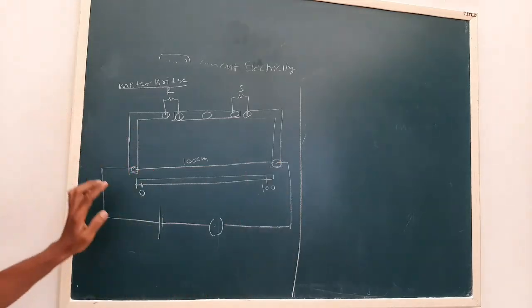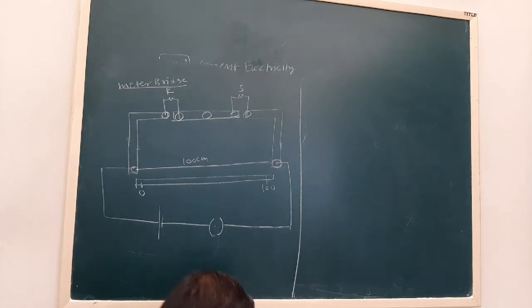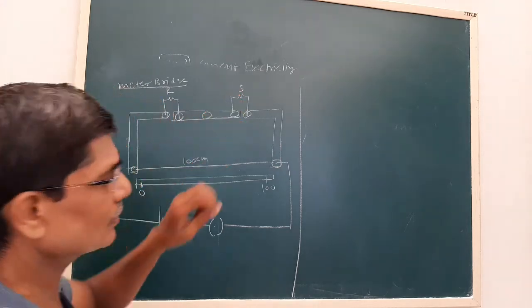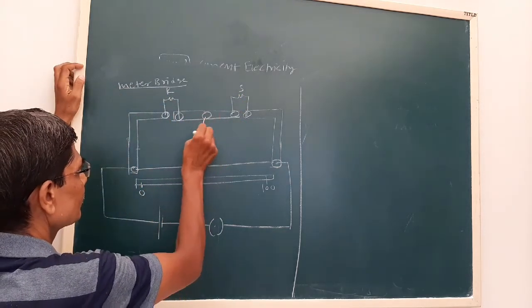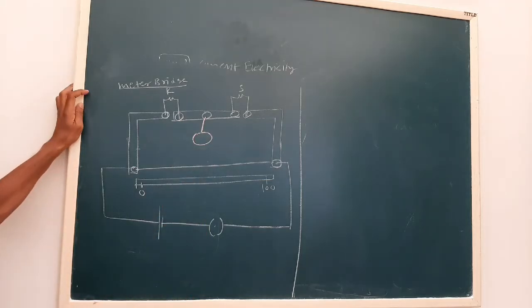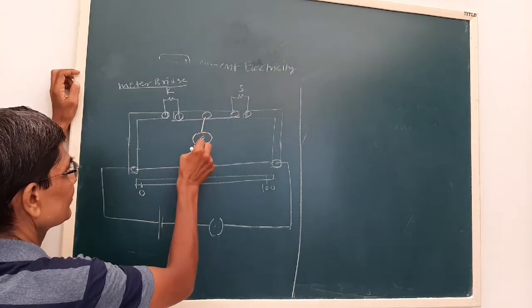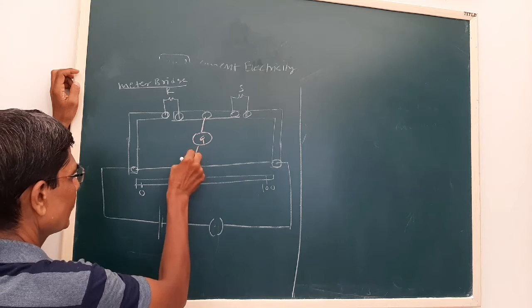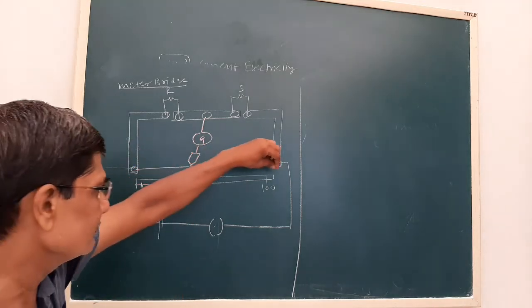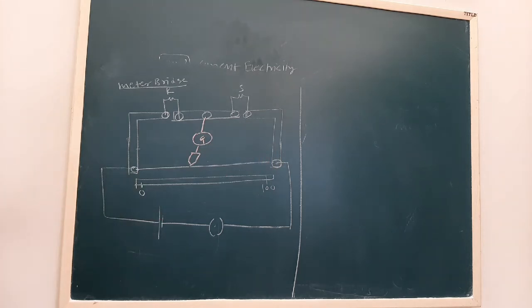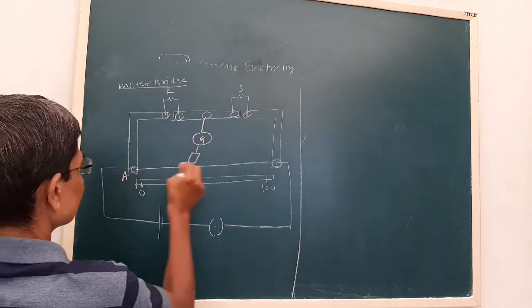As we have seen in the Wheatstone bridge, there are 4 resistors. This R and S are 2 resistors. Now here is a galvanometer connected with a jockey key. Here is a pen-like device or a slider which can move freely on this wire. Let us say the wire is AC.